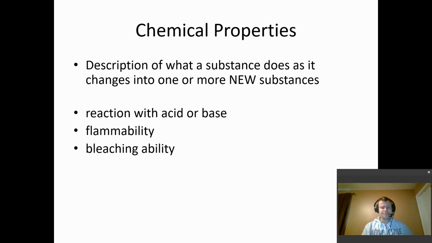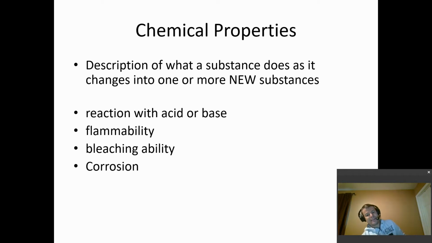Is something able to bleach things? So typical bleach or chlorine that we put in our pools is a bleaching substance. Hydrogen peroxide, if you add that to your hair, it'll cause it to become bleached. Those are substances that have bleaching ability, but they're actually reacting. They're changing when that happens. Is something corrosive? Most acids, for example, are corrosive.